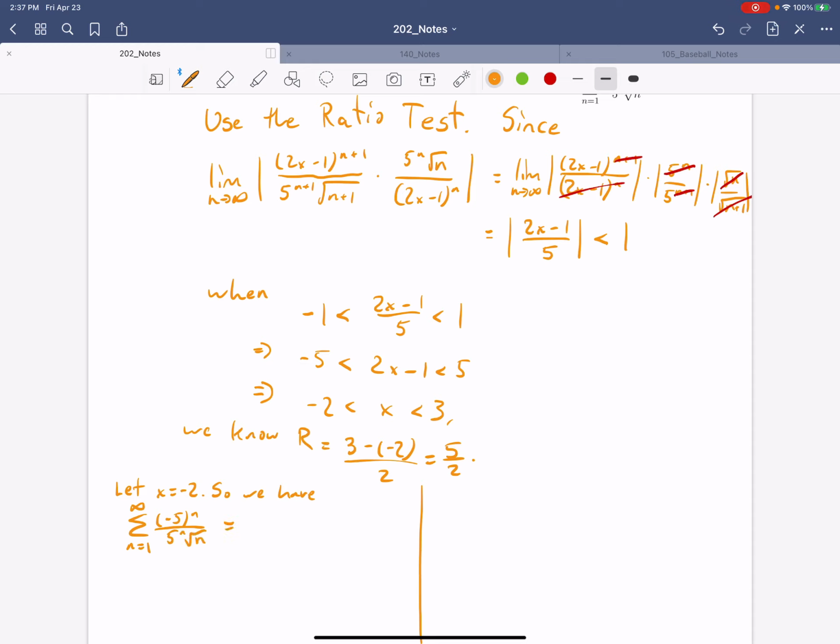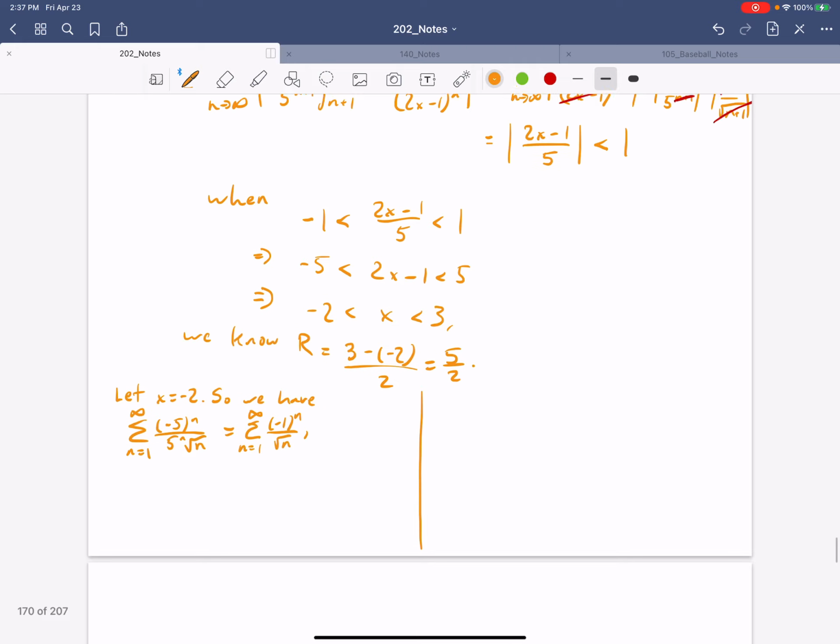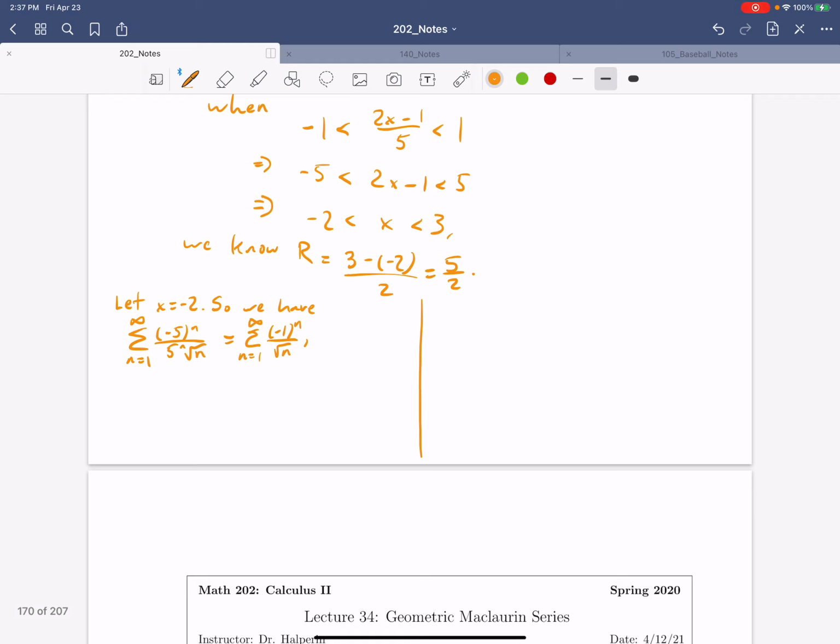And we see that that's going to equal negative 1 to the n over root n. And we should know that this is going to converge by the alternating series test, but of course we still have to show it.